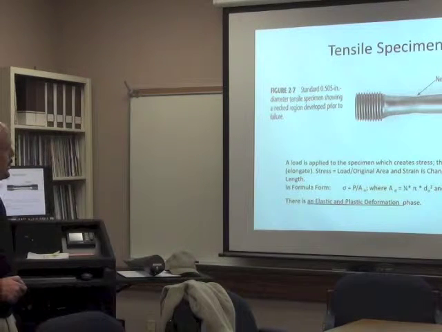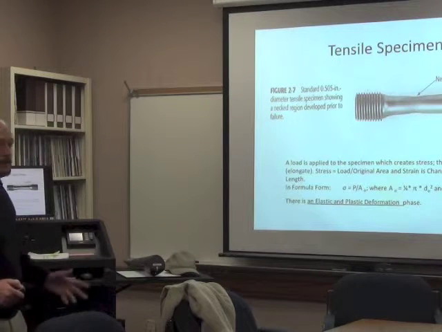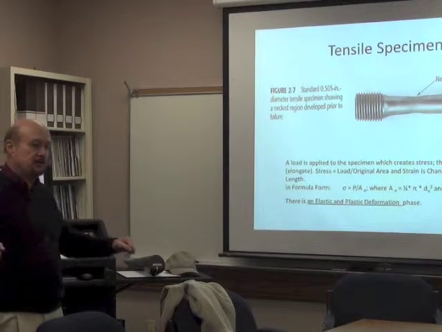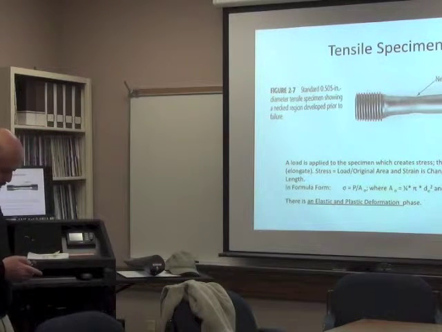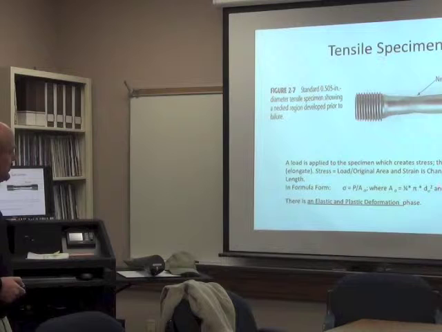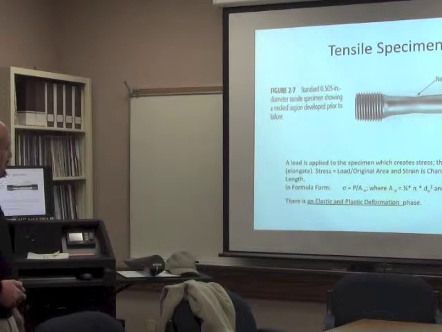If you put a mark here originally, and another right there, and let's say between those marks it's 2 inches, the material will start to strain and elongate. The engineering strain is epsilon, which is delta L, the change in length, divided by the original length. That's how we're going to plot the engineering stress versus the engineering strain.